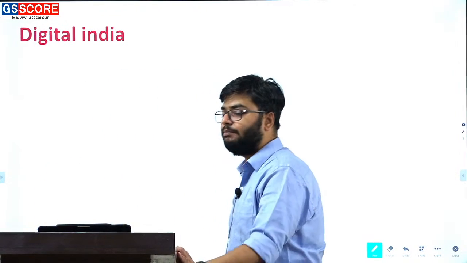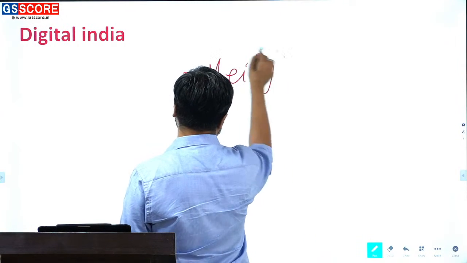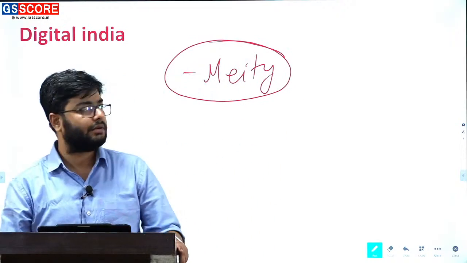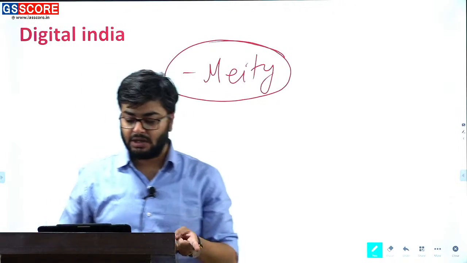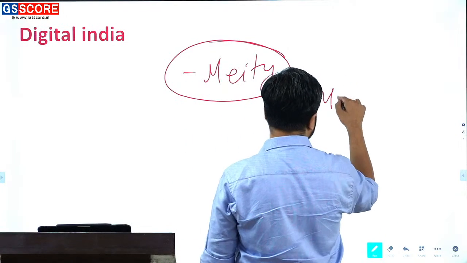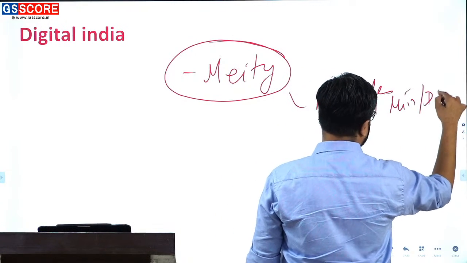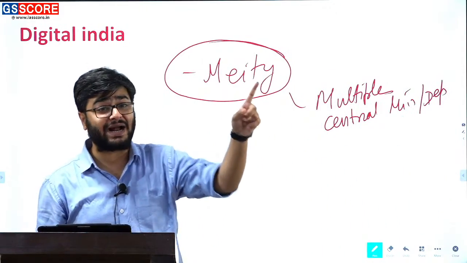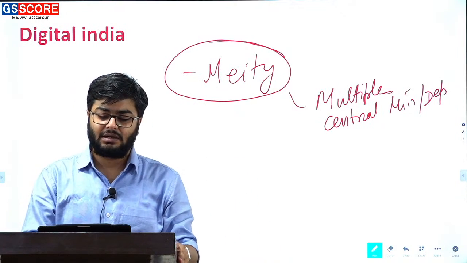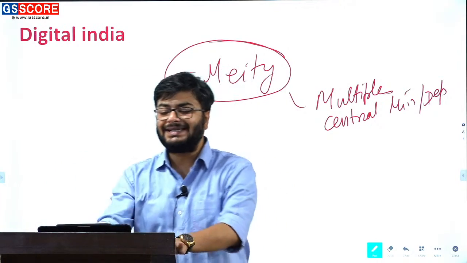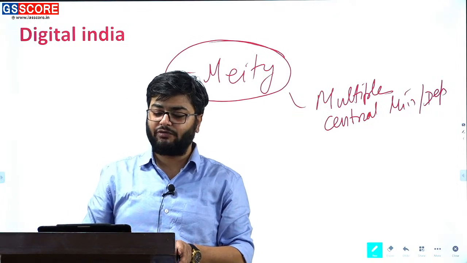The nodal ministry is Ministry of Electronics and IT, that is the MeitY. Okay? Whereas the implementation involves multiple central ministries and departments. So the twofold things. The nodal ministry is MeitY, but the implementers are multiple ministries and departments, state governments, other technological partners, for example, CDAC, Center for Development of Advanced Computing, National Informatics Center, right? So on and so forth.